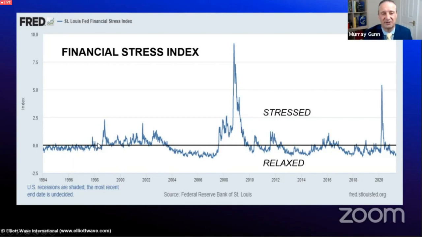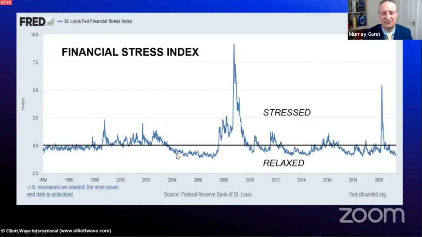So above the zero line is when the markets are stressed, and you can see here back in these times here. So this would have been the LTCM blow up. This was obviously the great financial crisis, so called, and this was the crash of last year.